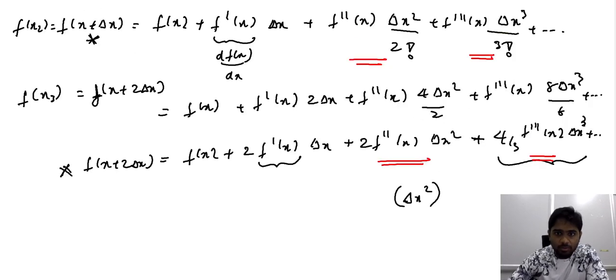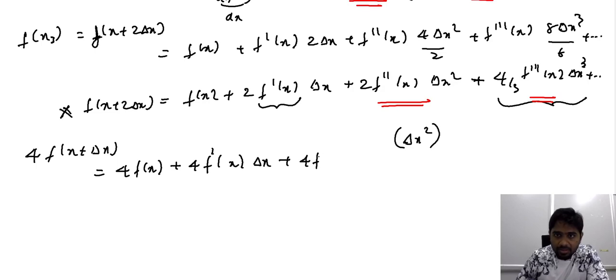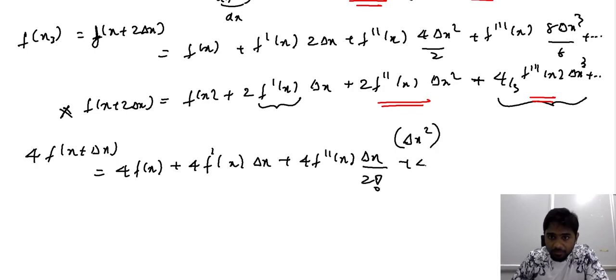When you multiply this whole expression with 4, that is 4 f of x plus delta x, the corresponding expression would be 4 f of x plus 4 f prime of x delta x plus 4 f double prime of x delta x square by 2 factorial plus 4 f triple prime of x delta x cube by 3 factorial, which is 6, and so on.